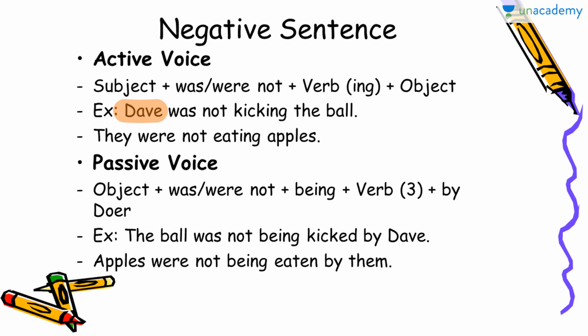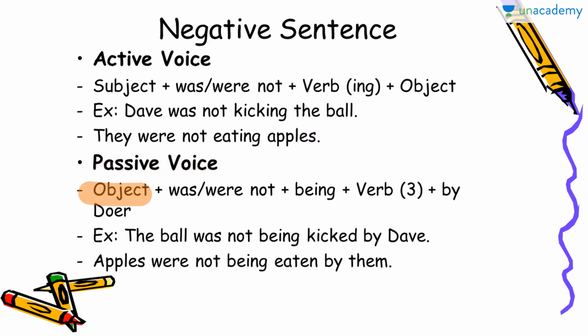So that will be in the starting. Accordingly, was or were, we will put was, then not, then the ing form of kick, and then the ball. Another example, they were not eating apples. Again, those people who are the doer, they, the sentence starts with the subject, were not eating, the ing form of eat, and apples.